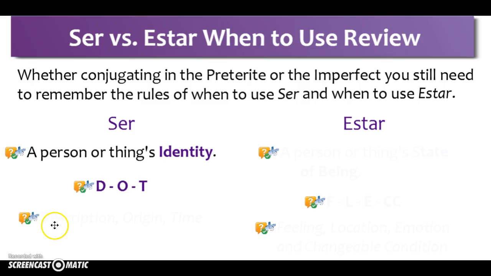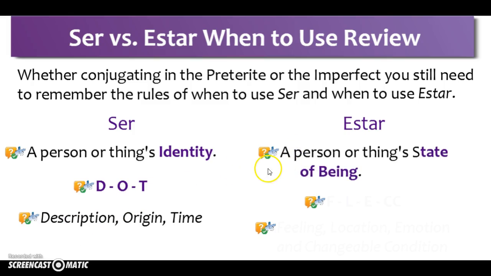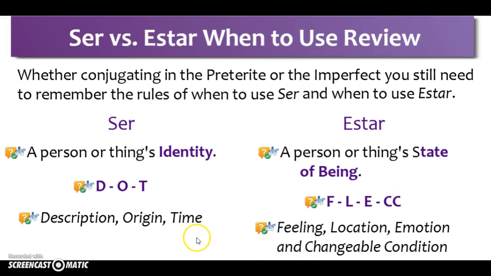The acronym DOT, and what the acronym stands for: description, origin, and time. As opposed to estar, that we use for a person or thing's state of being, or the acronym FLEC, which stands for feeling, location, emotion, and changeable condition.